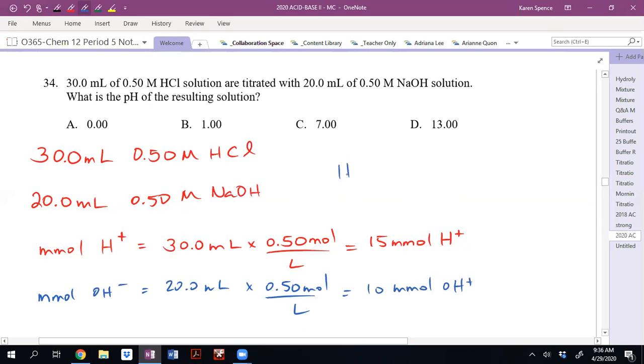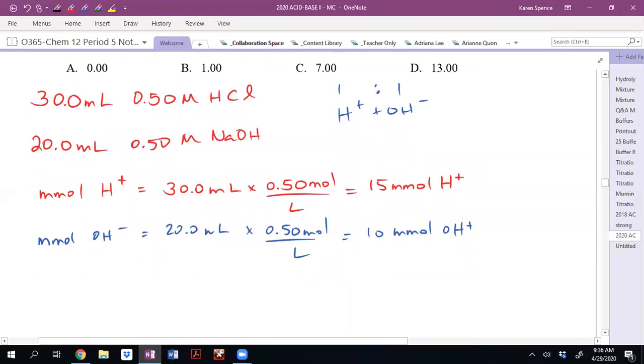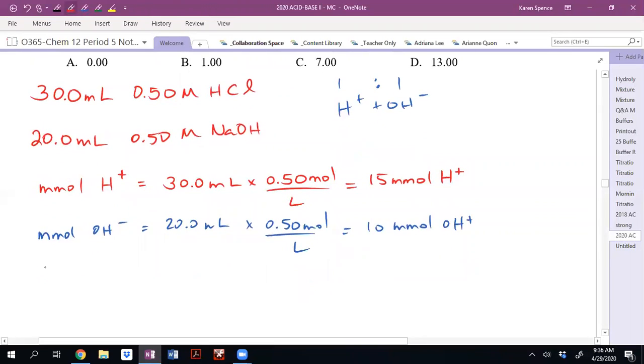And because H plus and OH minus react in a 1-to-1 fashion, that means that we are going to have, who's going to be in excess and by how much? Who is in excess and by how much?